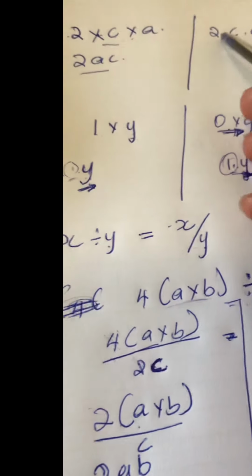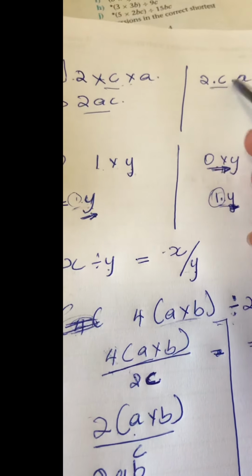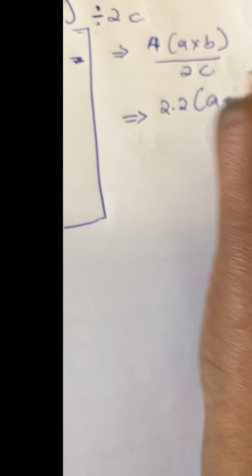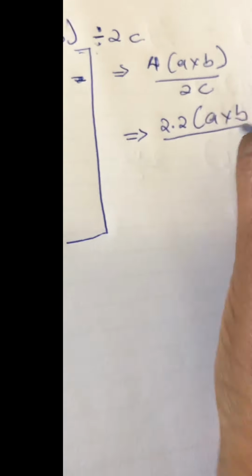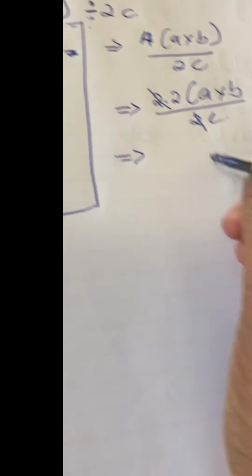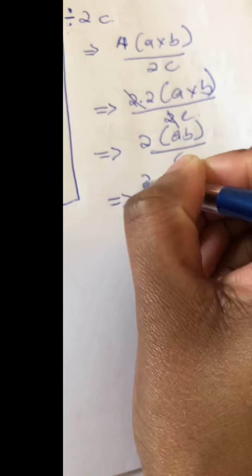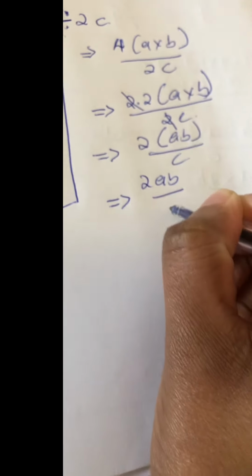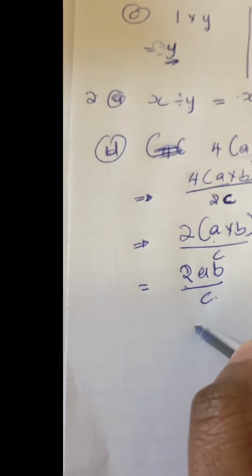Remember, I told you that the times can be written like this. So we can say 2 times 2 into A times B all over 2C. Now it will be easier for you to cancel this 2, and then you're left with 2 into AB all over C. Your answer here will be 2AB all over C, which is the same as this one.